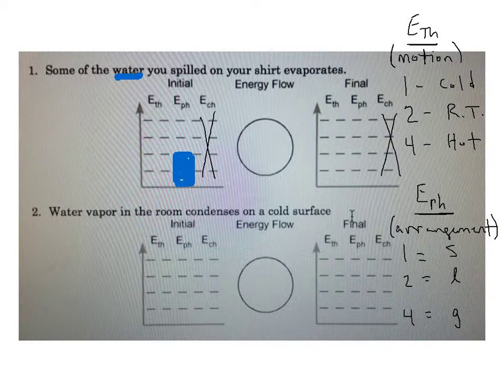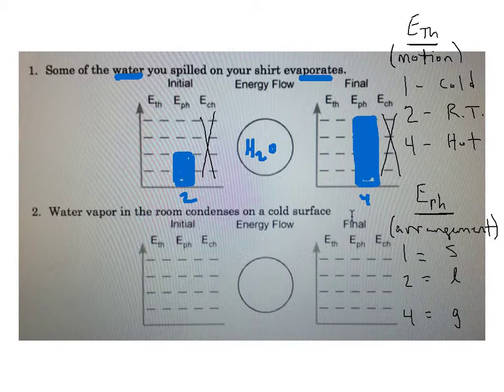And because that water is evaporating, it's going to a gas, so we come over to our phase energy and our final conditions, and we go to 4 bars. It's always good practice as you're doing these to write down the number of bars at the bottom, 2 and 4. That way at the end, that will help us to identify the amount of energy coming into the system or leaving the system.